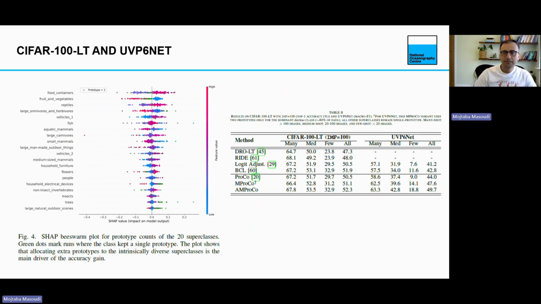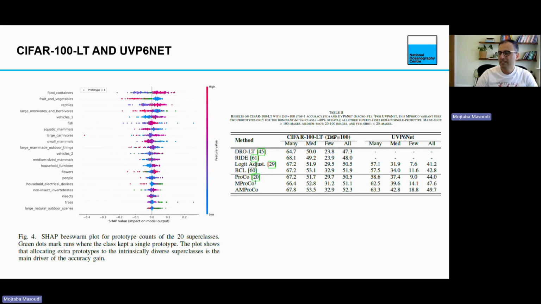In terms of the performance of AMProCo, I showed that AMProCo can increase the performance for these 2 types of data sets. I reported on 3 types of classes: many shot, medium shot, and few shot. For few shot, we only have a small number of samples per class.